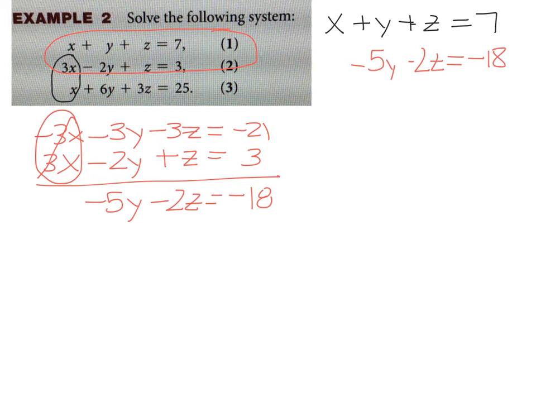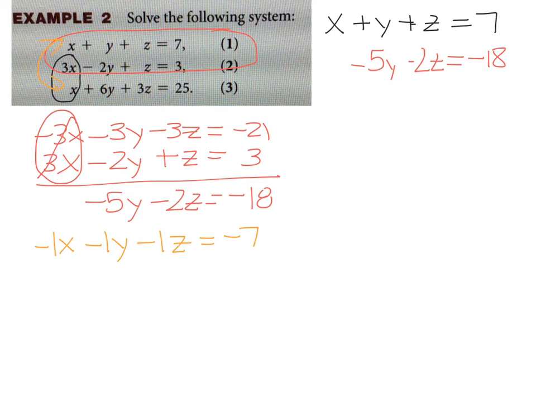Now I need to figure out row 3. So I need to pair equation 1 and equation 3 together. And I'm going to multiply equation 1 by negative 1. That'll give me negative 1x, negative 1y, negative 1z equals negative 7.